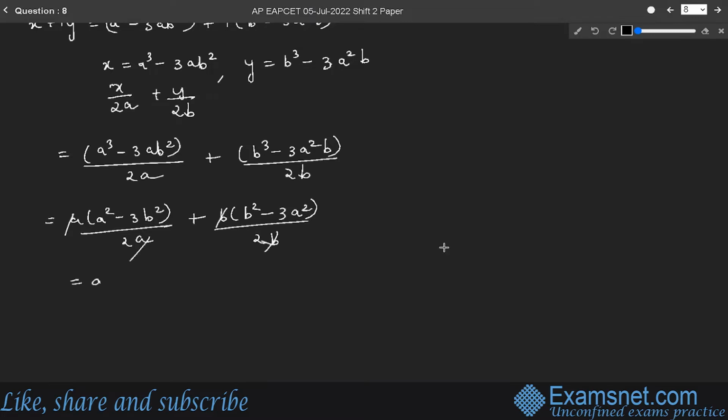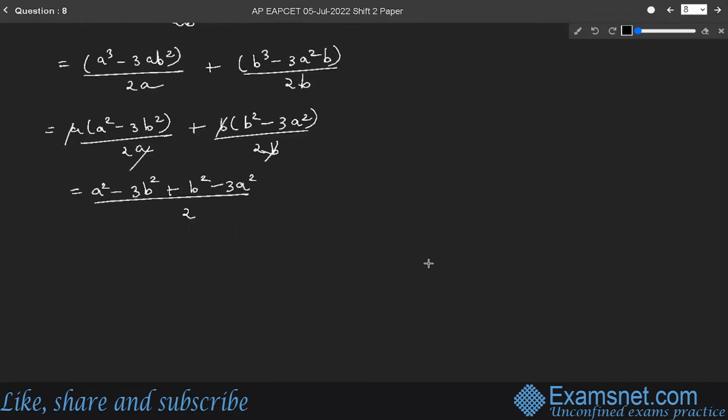It can be written as (a square minus 3b square plus b square minus 3a square) divided by 2, because 2 is common here. Therefore, it will be a square minus 3a square is minus 2a square, minus 3b square plus b square is minus 2b square, divided by 2. Taking 2 common, it will be minus (a square plus b square).